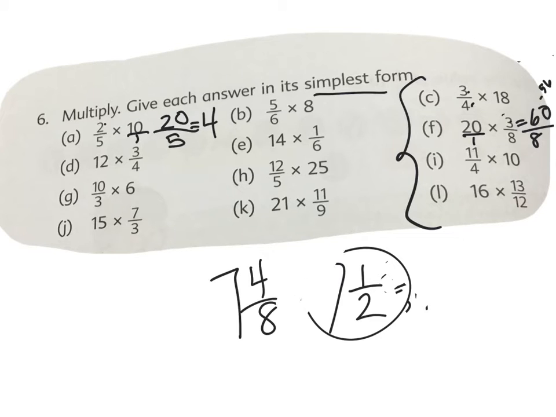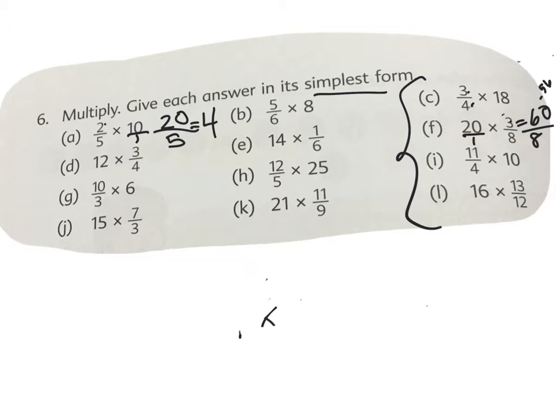Let me erase this. Complete the next 2. Try to do them in your head if you can. That will be the best indicator if you're understanding this or not. So 11/4 times 10. 10 over 1. 11 times 10 equals 110. 4 times 1 is 4.